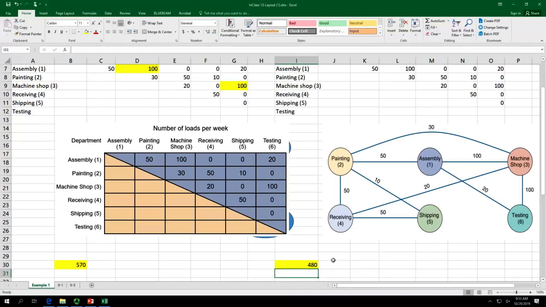And so this is the layout. If you consider sequence, how many spots do we have? 6 spots over here, right?